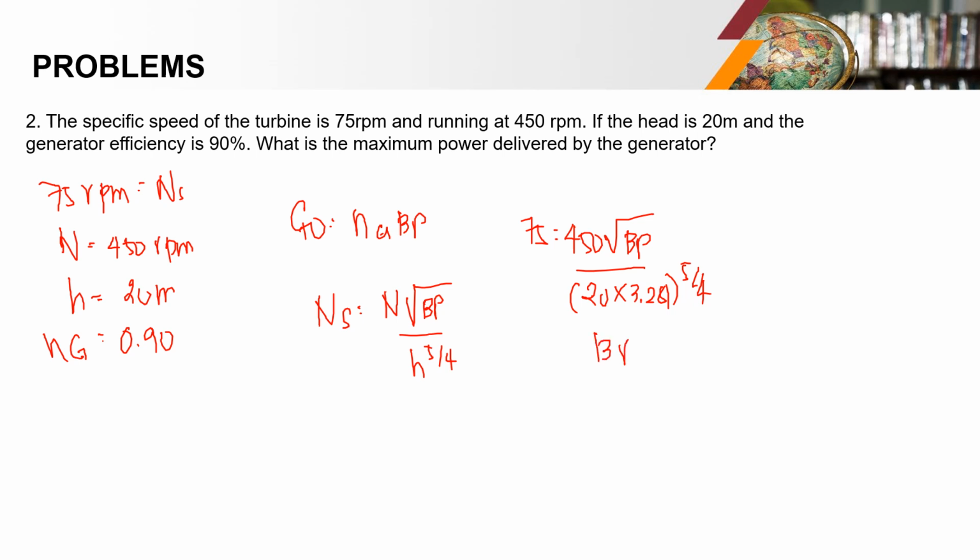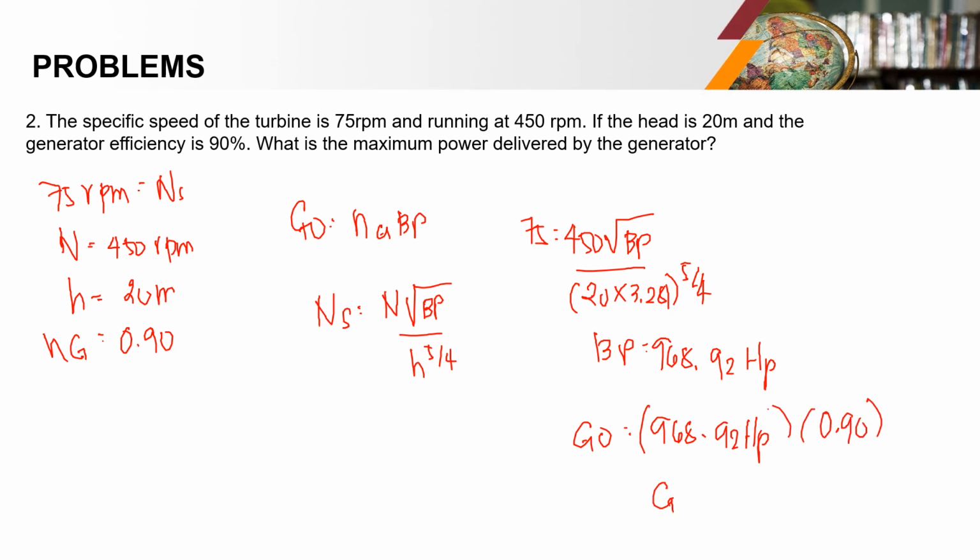Okay, so the brake power now is equivalent to 968.92 horsepower. Okay, so the generator output is 968.92 horsepower times 0.9.